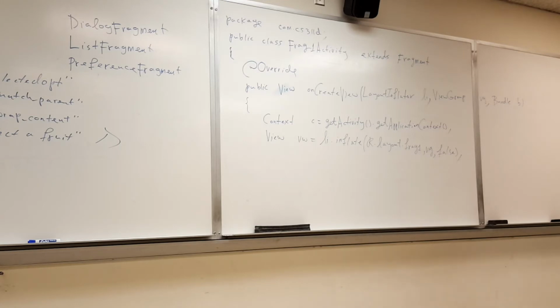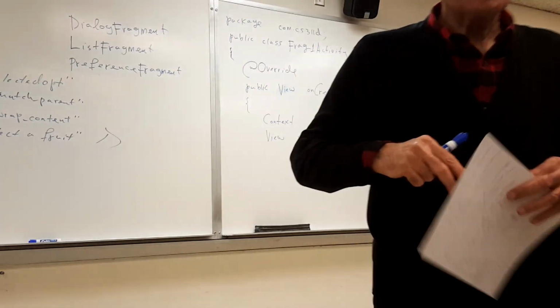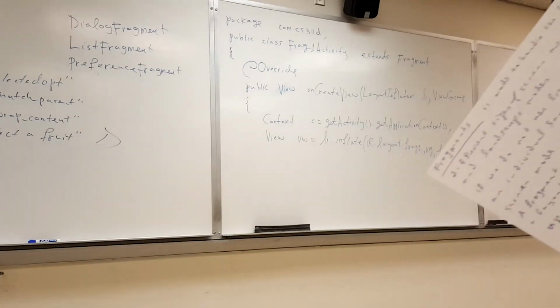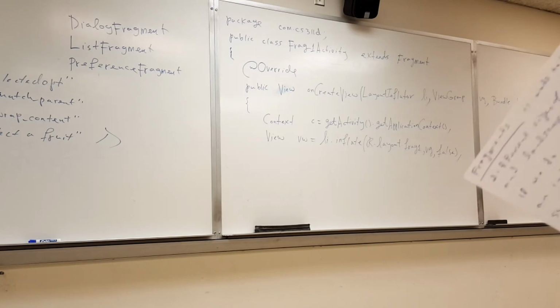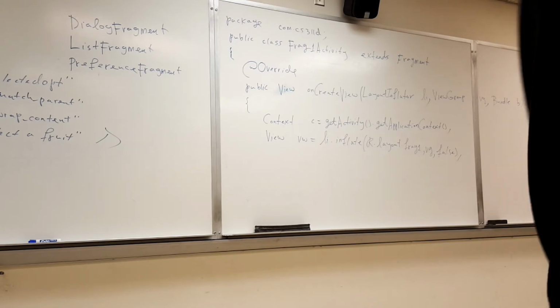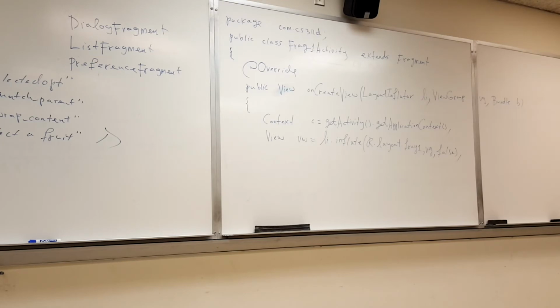One of the things that activity does, but fragment doesn't, is that activity automatically inflates the XML. Automatically does it. This is part of the job of the activity. Fragment doesn't. So in fragment, we should do it ourselves. That's what I'm doing here. If you remember, activity comes with a view.